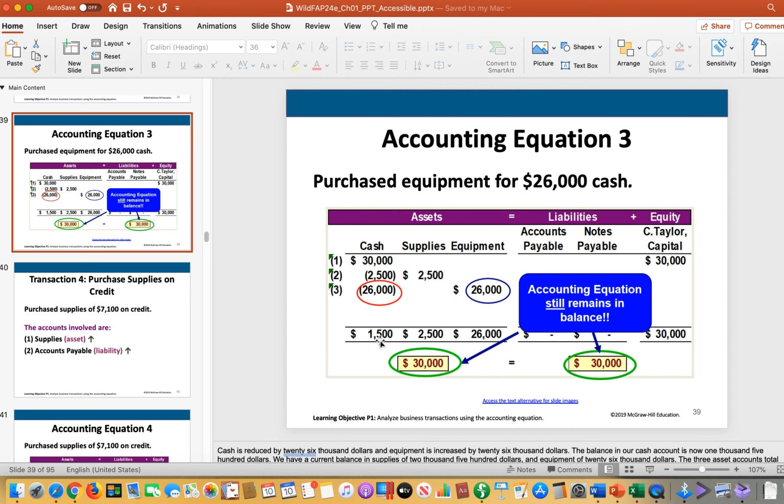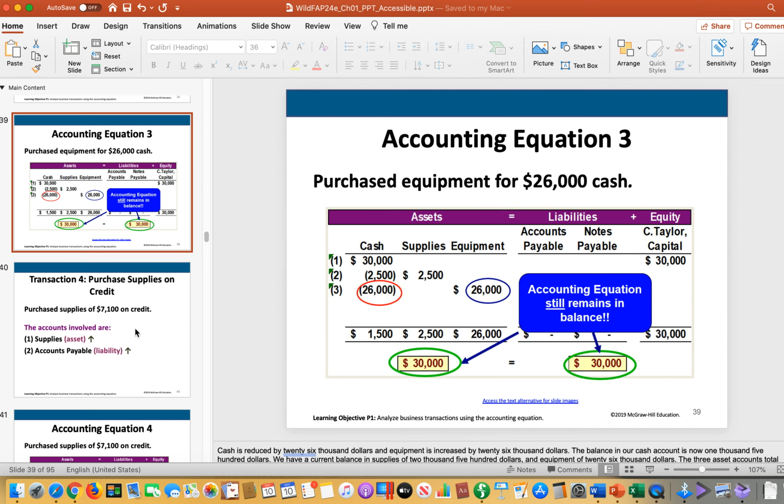Now you only have $1,500 in cash. You have the $2,500 in supplies, and you have $26,000 worth of equipment. Add up those three assets and you come to $30,000. Nothing happened on the liability side. You didn't borrow any money. You did not buy something on credit. And the equity remained the same, unchanged.